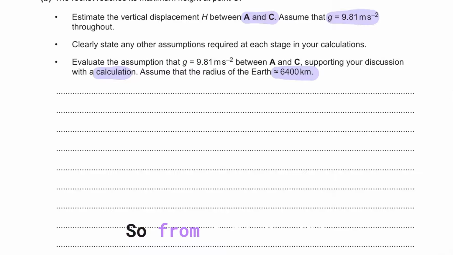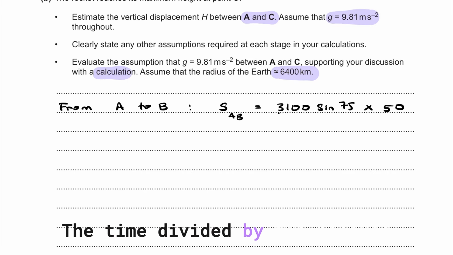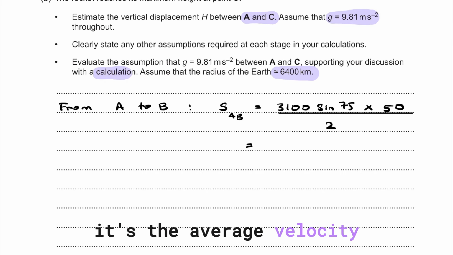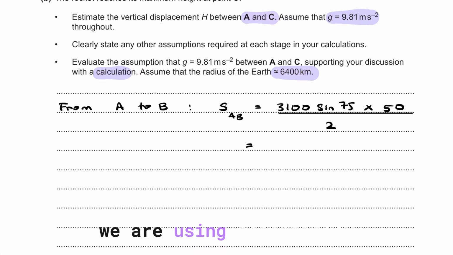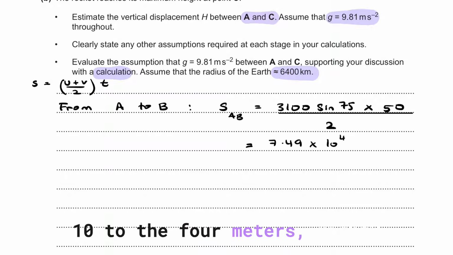From A to B, the displacement is going to be 3,100 sine 75 times the time divided by 2, because it's the average velocity that we are considering, and we're using essentially the S equals (U plus V) over 2 times T formula here. So that would be 7.49 times 10 to the 4 meters.